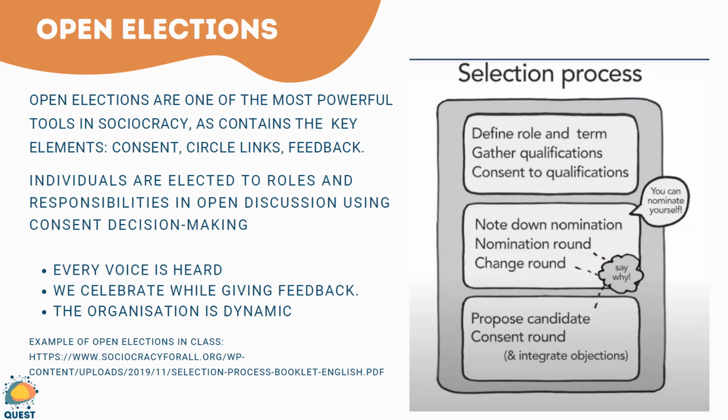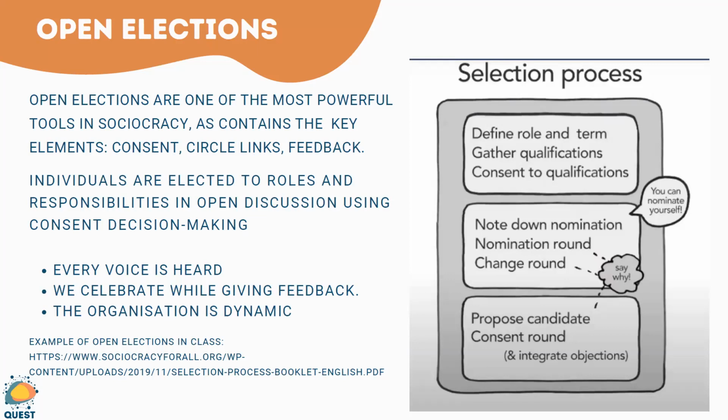Then we start the round of consent around this candidate. Finally, if there are no objections, we elect this person. And at the very end of the election process, we ask the person who has been elected if they want to be in that role.